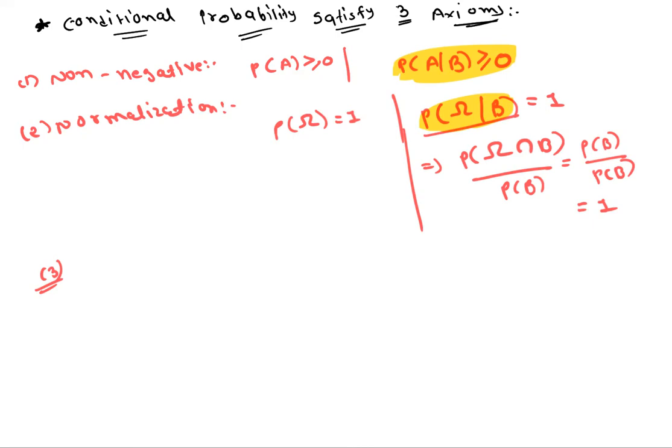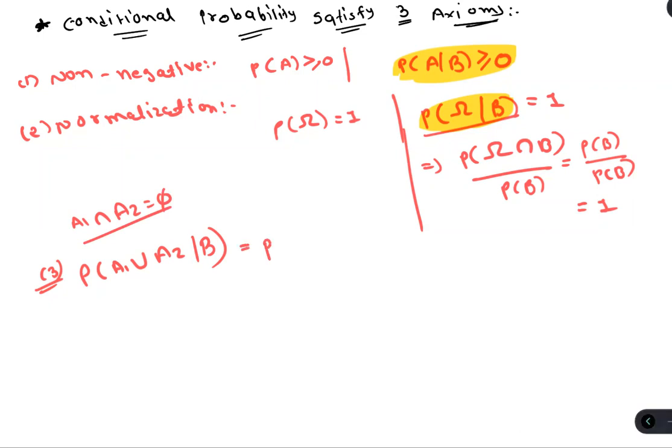Like that, here also we can write: if A1 and A2 are mutually exclusive, meaning A1 intersection A2 is the empty set, meaning there is nothing common between A1 and A2, then we can write like this, as you can see. Now if anyone wants a proof, I can prove it here.